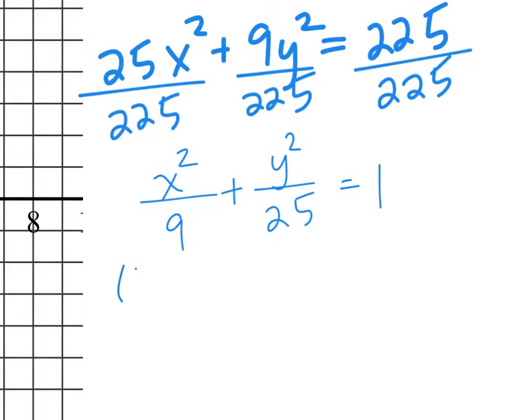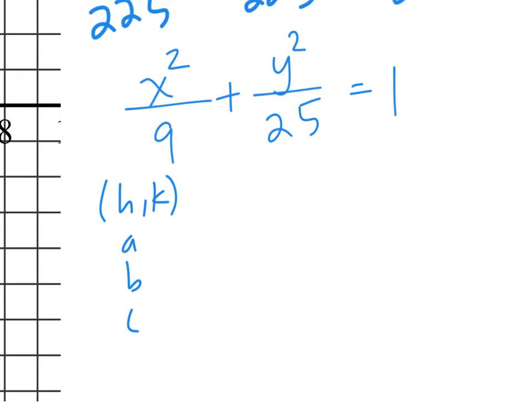Before you graph anything, H, K, A, B, C. They want you to figure out the foci. All right, HK, ABC. What is HK for this one? 0, 0. This is the easy one. How long is A? 5.